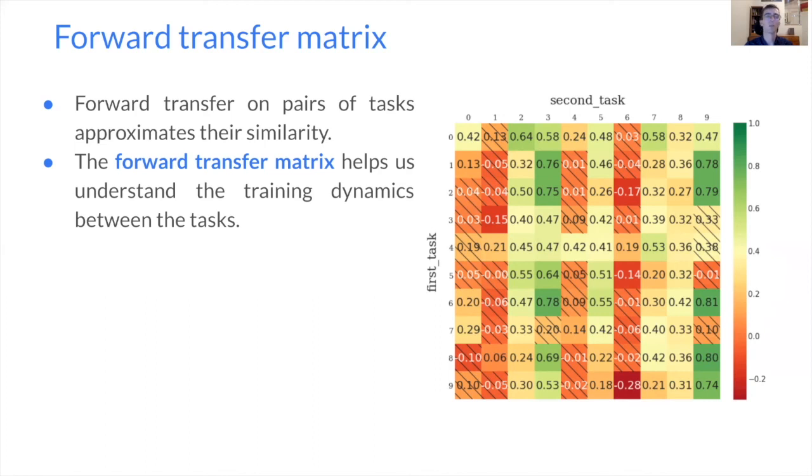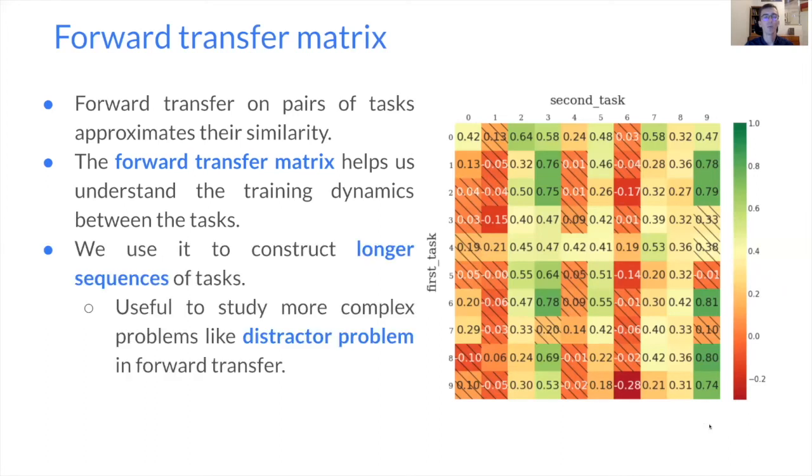Sometimes pre-training on a different task helps, but other times it also can be harmful. Then we use this matrix to construct a longer, challenging sequence of tasks, which can be used to pinpoint some particular problems. So for example, one of those problems could be a Destructor problem, and we will elaborate on this later on.